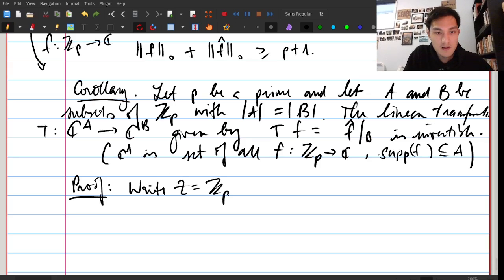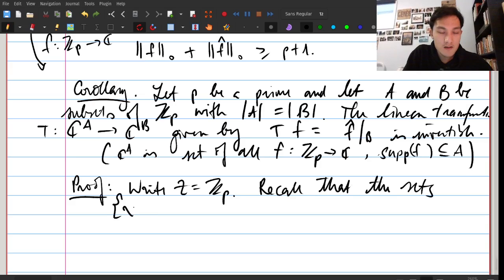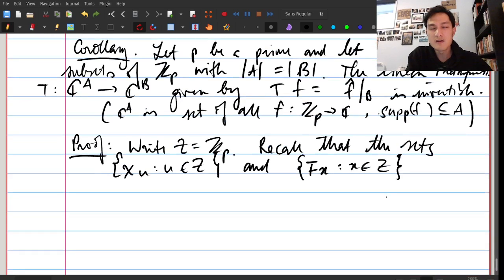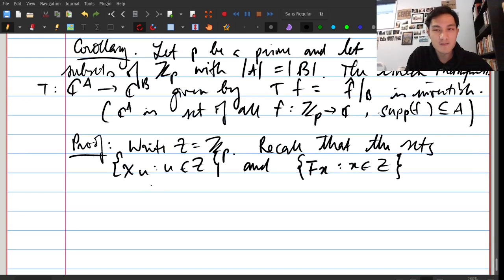Okay, so for short, we'll just write Z equals Zp. Recall that the sets chi u for u in Z and f x for x in Z, and we defined this in the second video. Let's just do this right now because I doubt you remember. So chi u of x, these are characters for each u. It's e to the 2 pi i x u over p, because it's just a cyclic group.